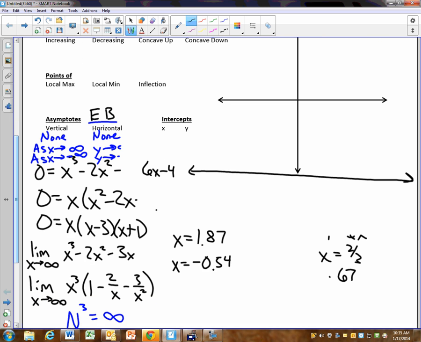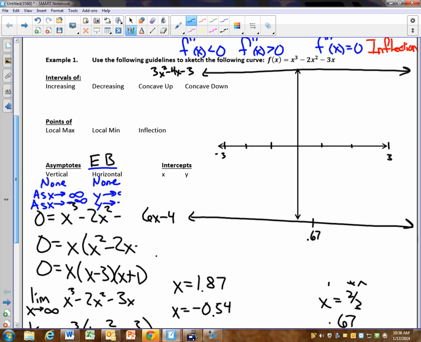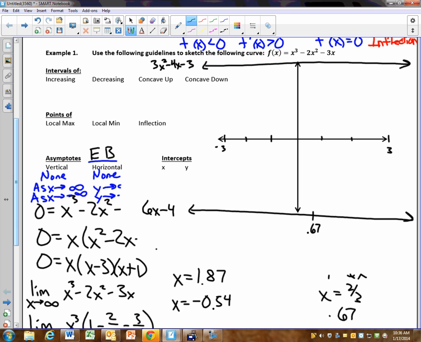Or negative 3 and positive 3. I mean, if I made my scale to be that, I'd be just fine. Looks like my interesting point for the second derivative is going to be at 0.67, or 2/3. And it looks like my interesting points for the first derivative are 1.87 and negative 0.54.